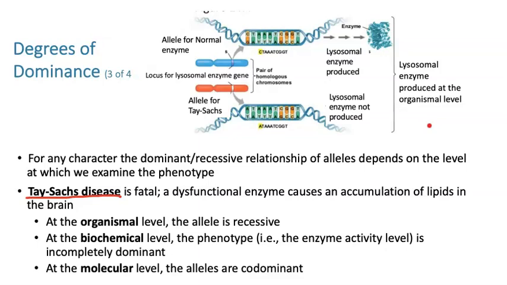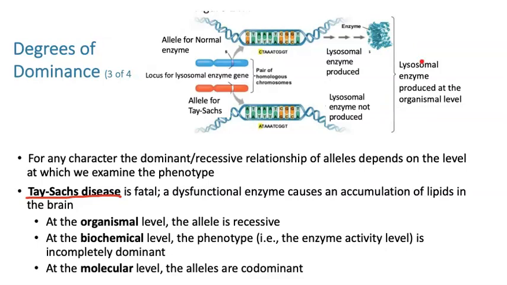But if you look at it at the biochemical level, the level of the actual enzyme, we might say that this is incompletely dominant because the enzyme is only being made about half as much if you're heterozygous. This gene's doing fine, it's making that enzyme just fine. This one is not. And so this one can only make half as much as if they could both make it. And so what you have here is something that's incompletely dominant.